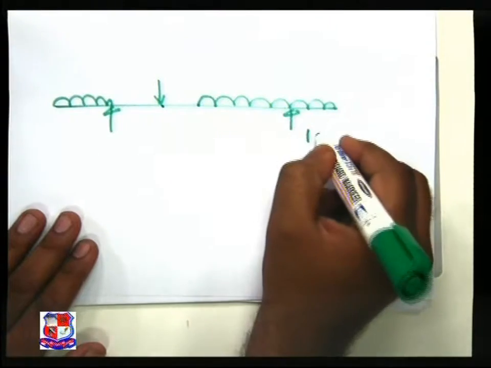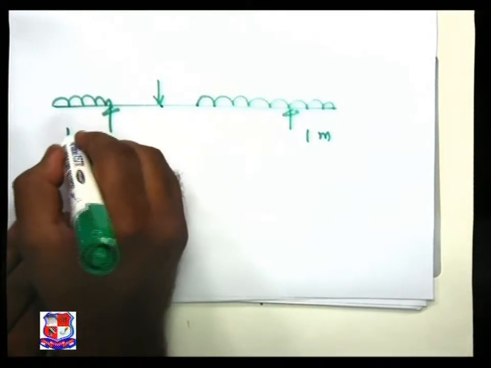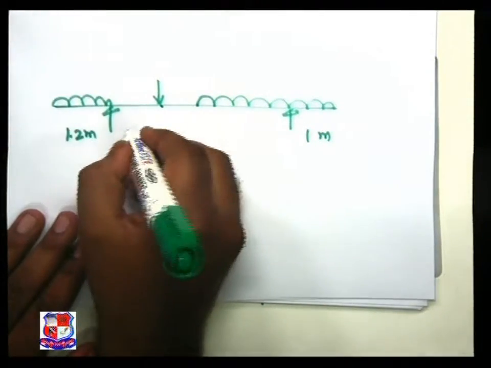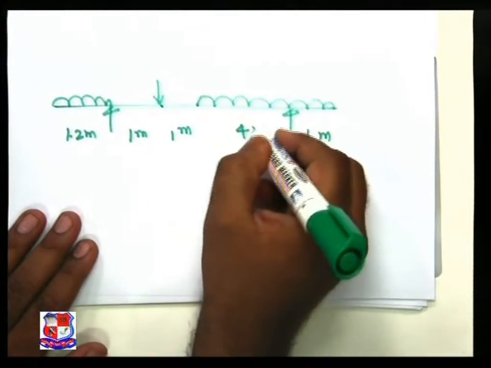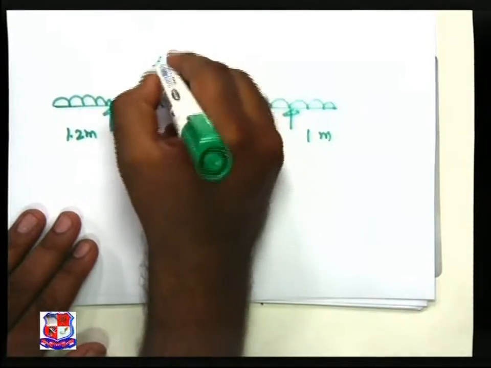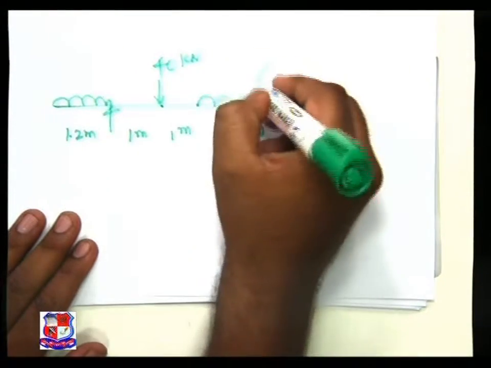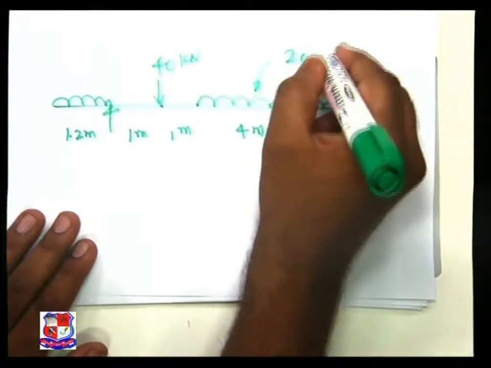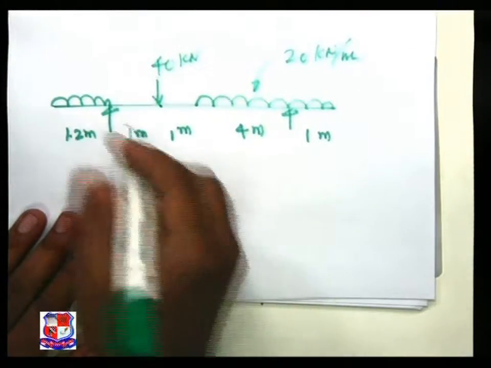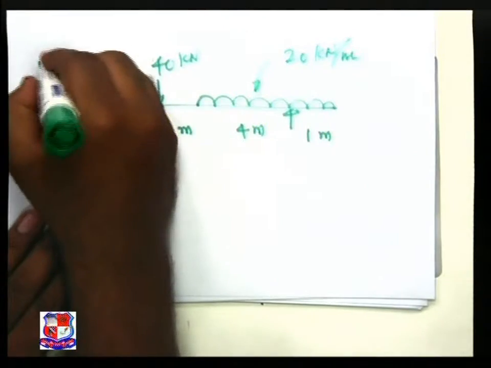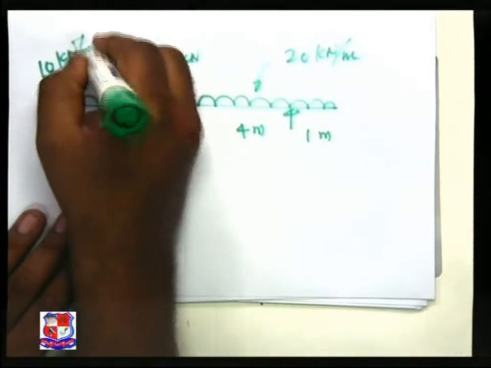This length is 1 meter, this length is 1.2 meter, then 1 meter, 1 meter and 4 meter. This is 40 kilonewton, this is 20 kilonewton per meter, and this is 10 kilonewton per meter.